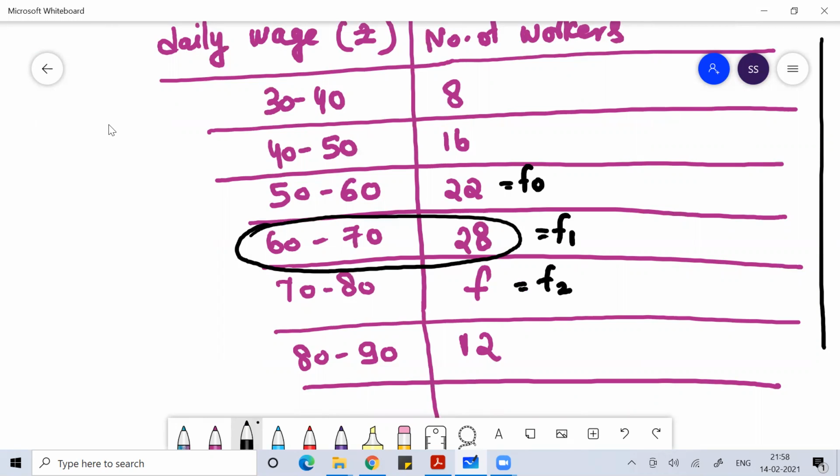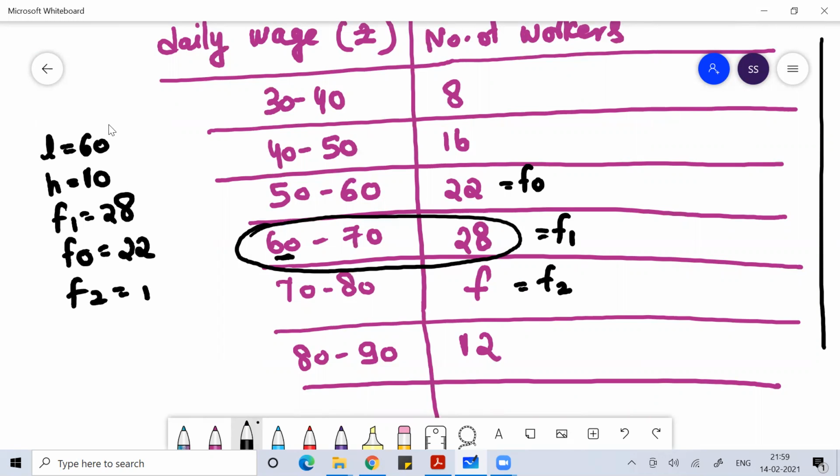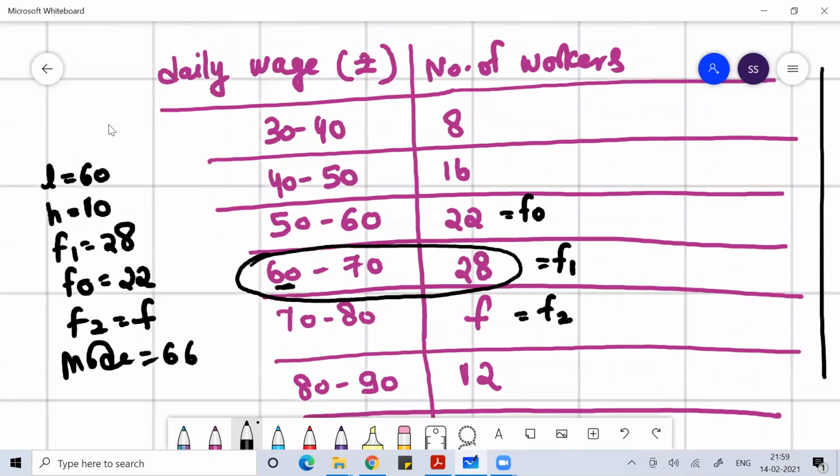And L would be 60, and height is 10. You can see the difference between 70 and 60. So L is 60, height is 10, f1 is 28, f0 is 22, f2 is f, and mode is given to you as 66.